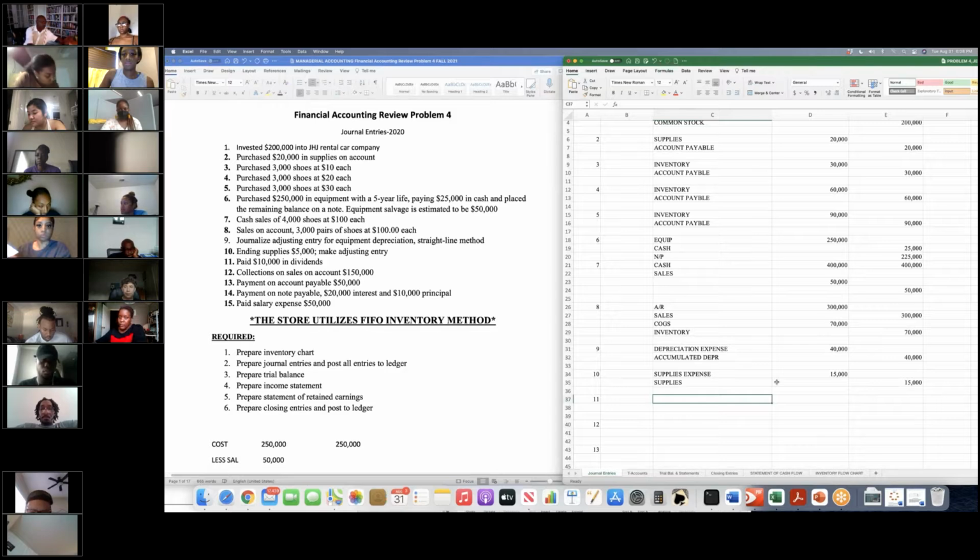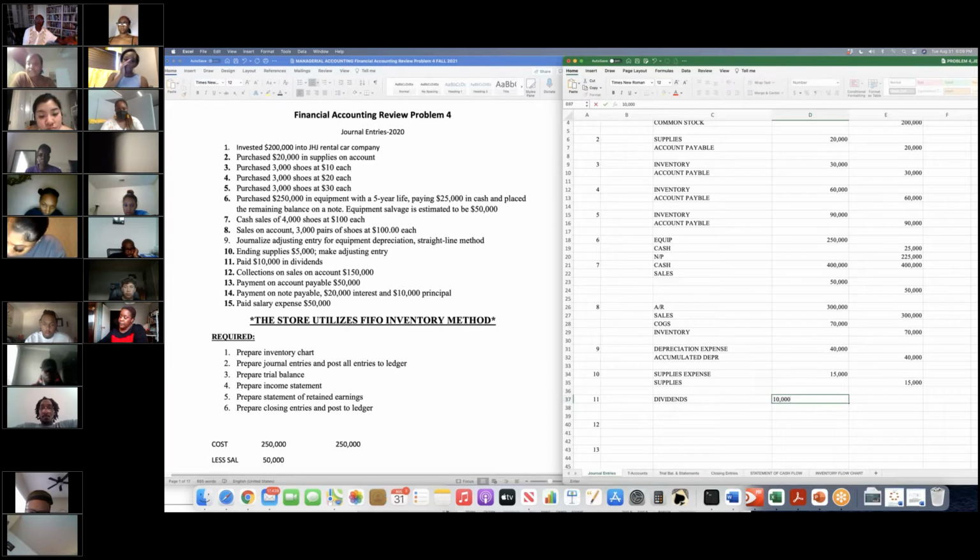Dividends debited for 10,000 and cash credited for 10,000. What are dividends?